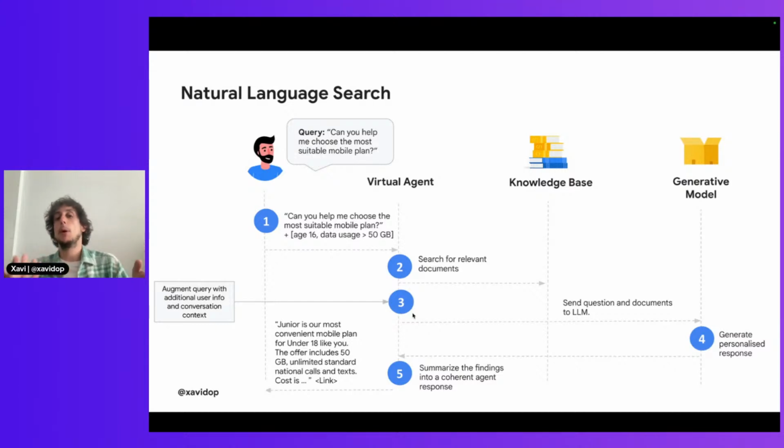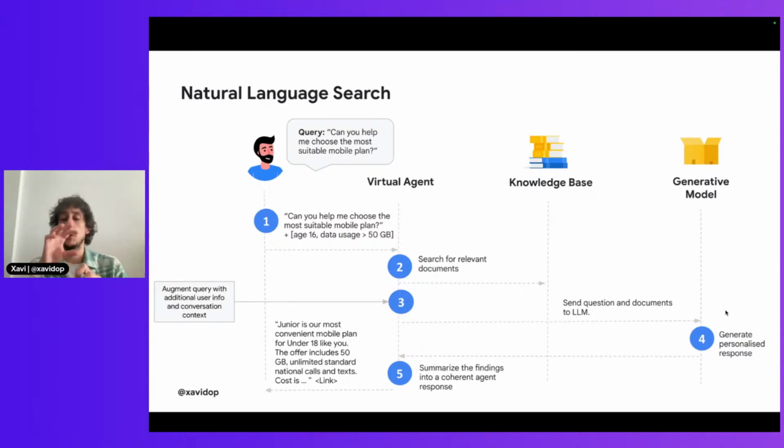That prompt could look like: there's a user that is asking this question, the information of the user is this, and then there are these documents that have this information. So that is going to be the prompt, and that we are going to send to a generative model.